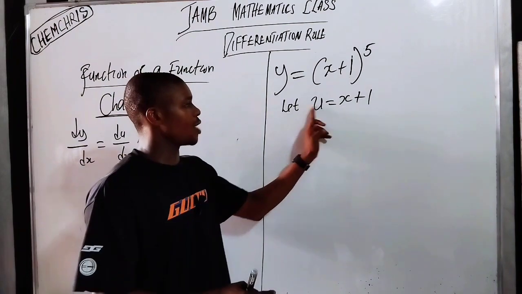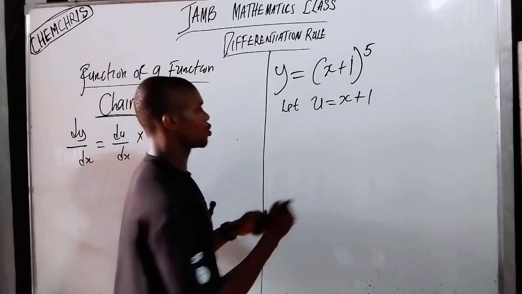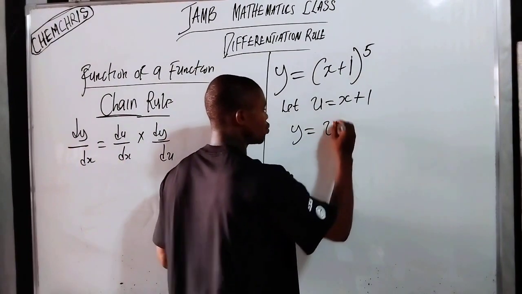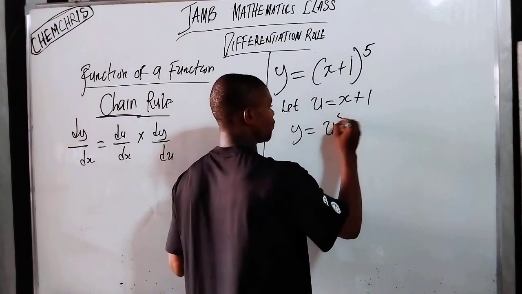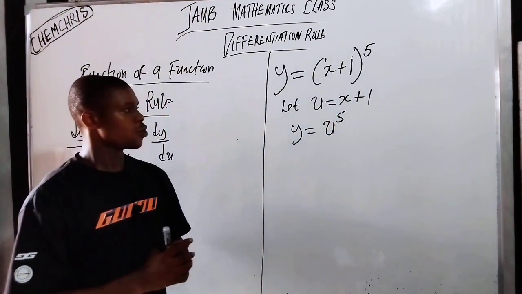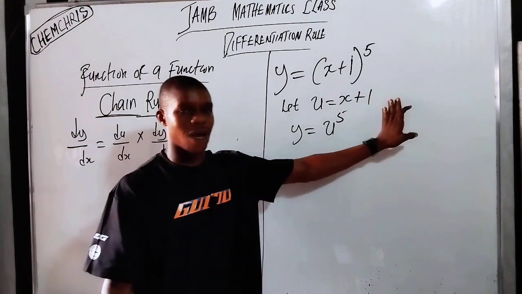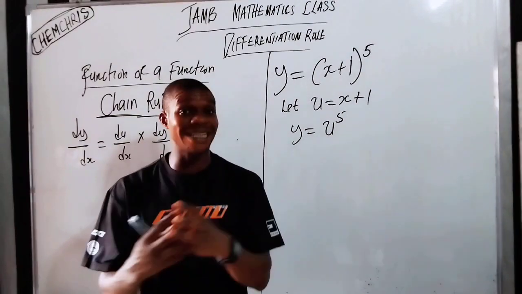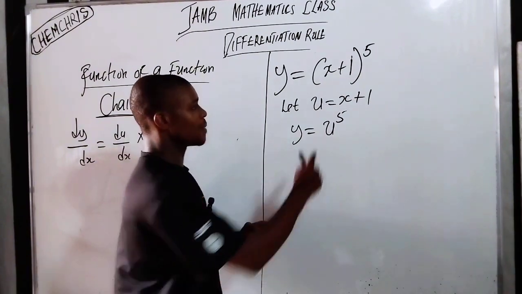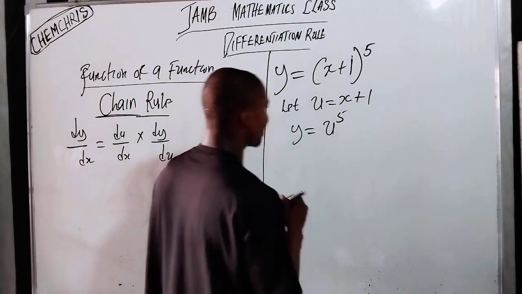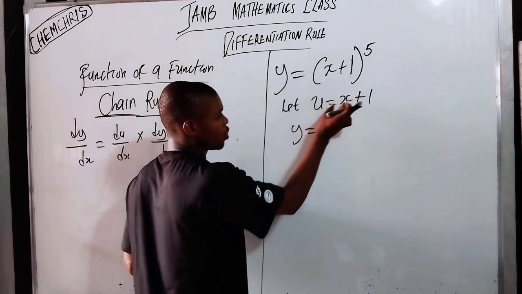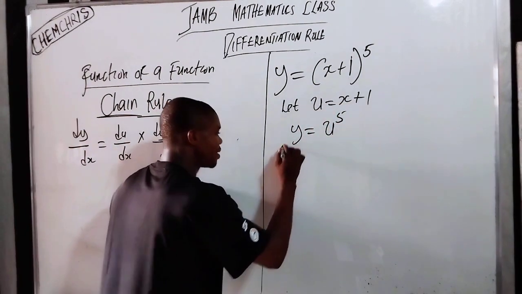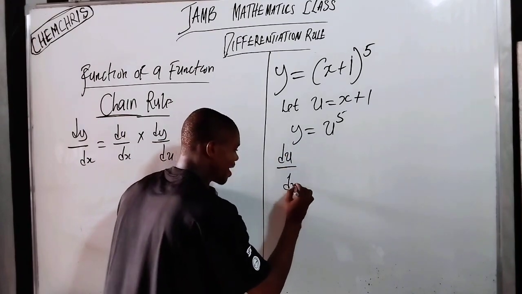If u equals x plus 1, I can write this as y equals u raised to 5. So I now have u equals x plus 1, and y equals u raised to 5. I'm not going to differentiate this all together.